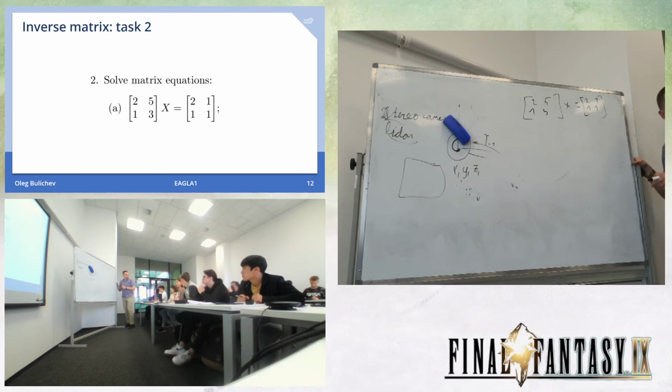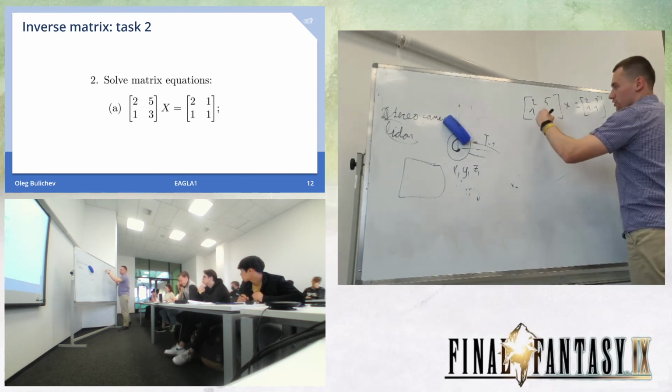Multiply the matrix by the inverse, and it will be X. We put the inverse matrix on the left and multiply both sides by the inverse matrix on the left. On the left we get X, and on the right we get a matrix multiplication. Okay, yes, you're right. So actually, let's rewrite this.